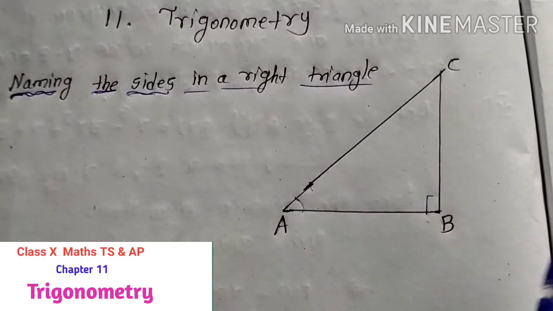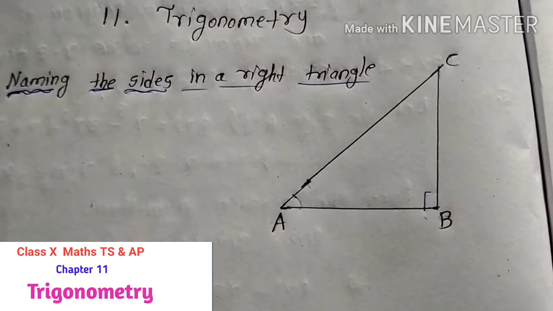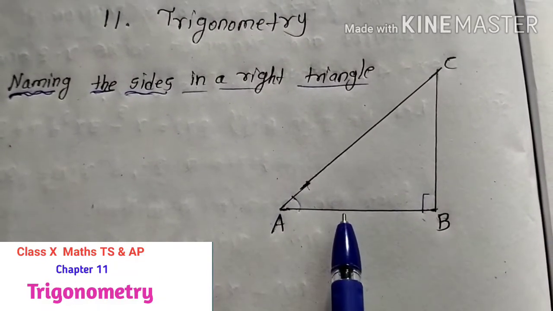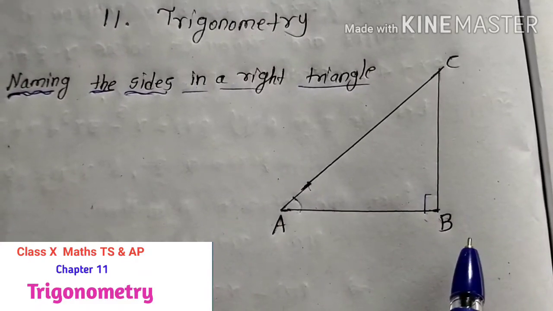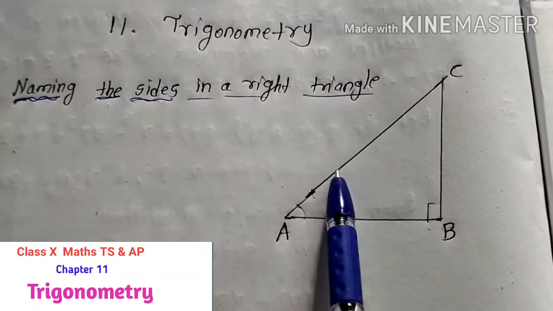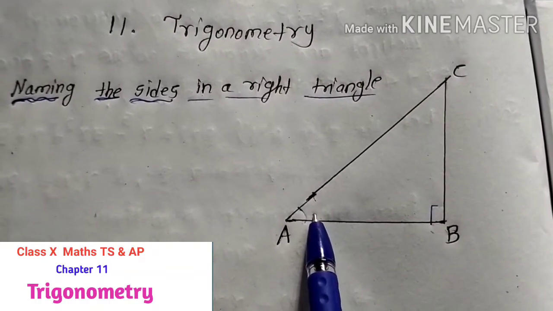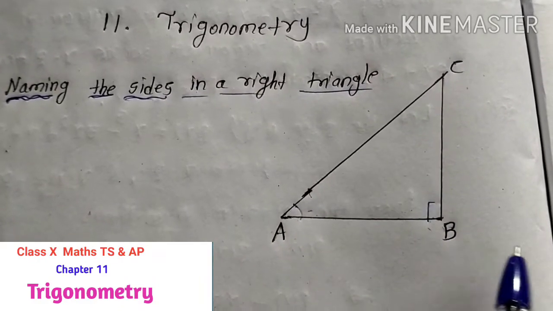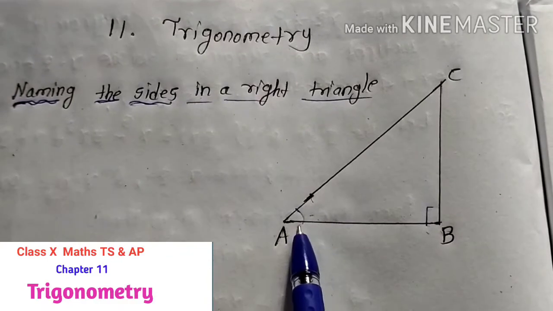A, B, C are the vertices. Now we can see here it is the study of relationship between sides and angles of a triangle. Trigonometry is the study of relationship between sides and angles of a triangle.